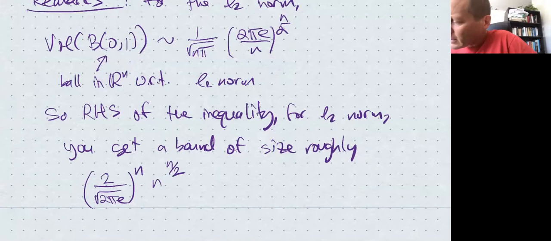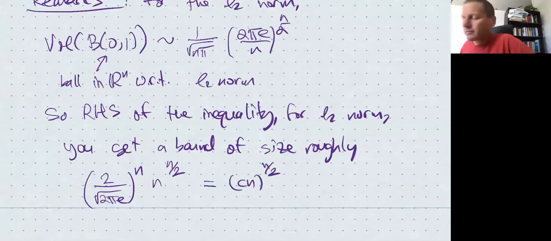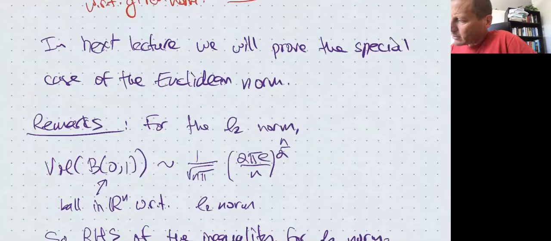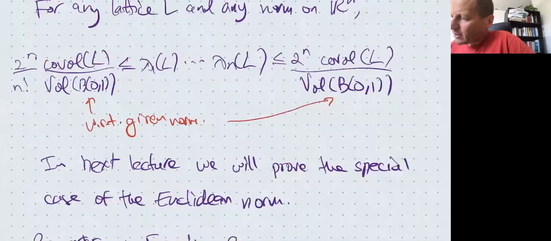So this is some constant to the power n over 2, in this statement here. And I've swallowed the 2 to the n inside that quantity.